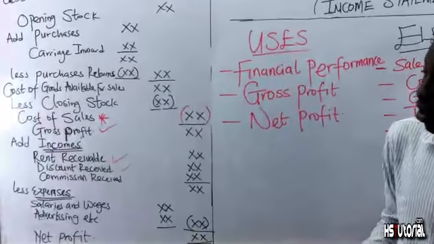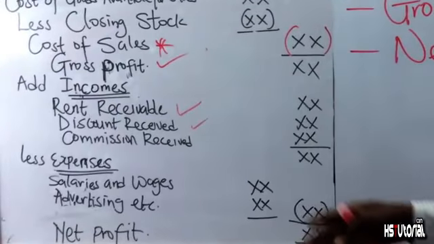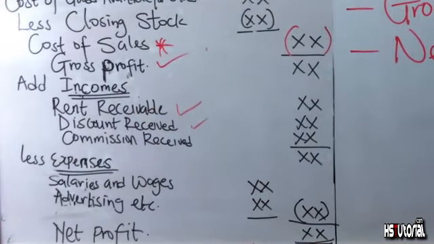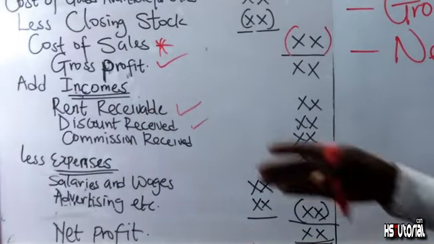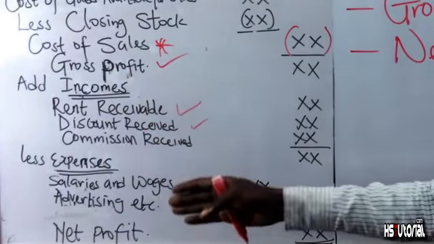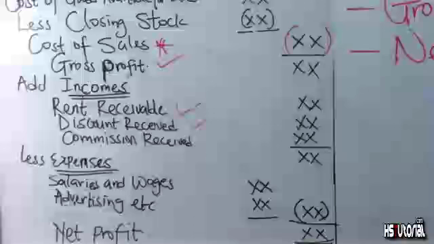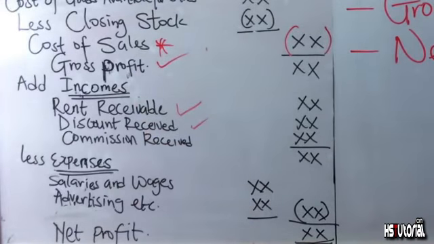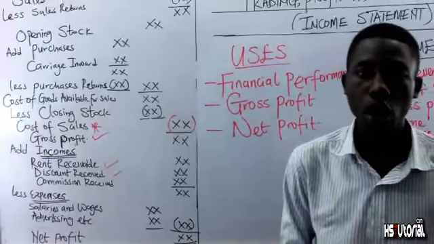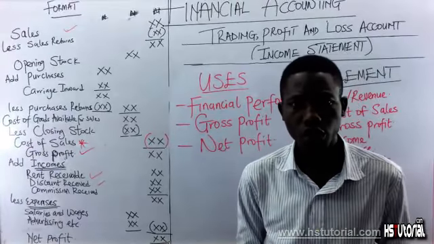And there are some things that I would like to point your attention to. There are adjustments that are made to incomes and expenses. You can make them to income, and you can make them to expenses as well. Let's say you have accruals. What do you call accruals?